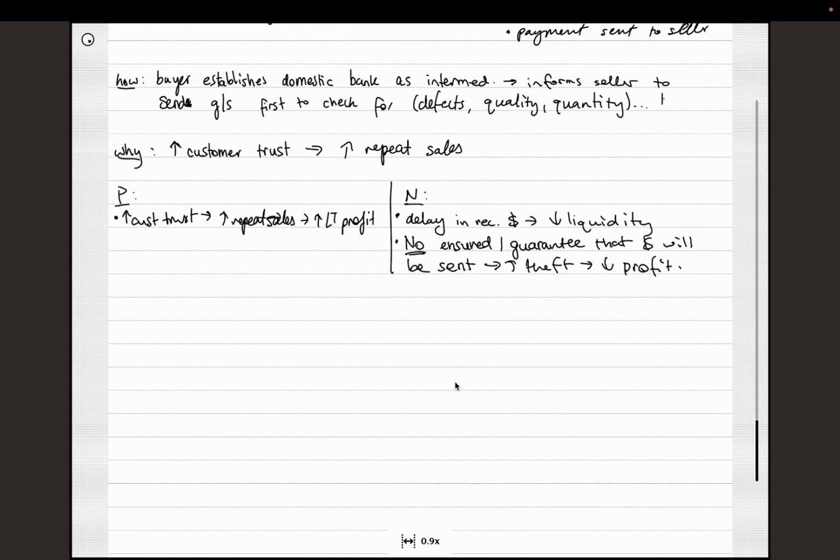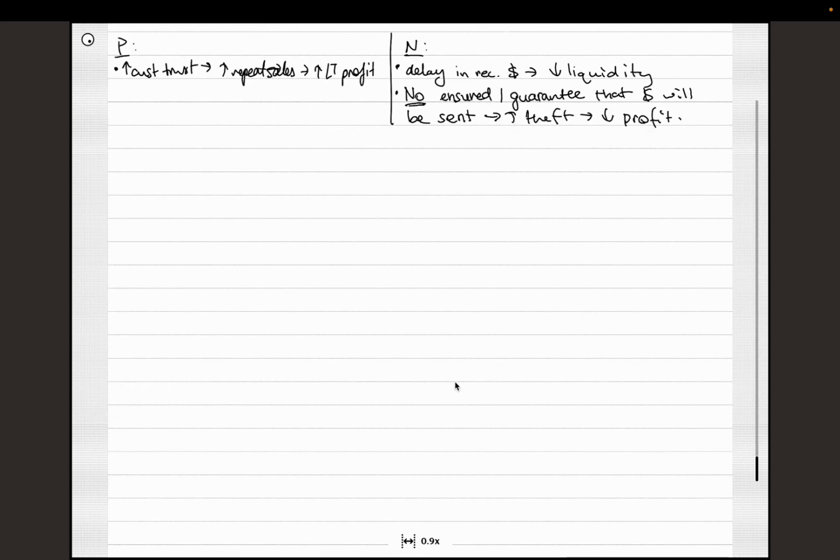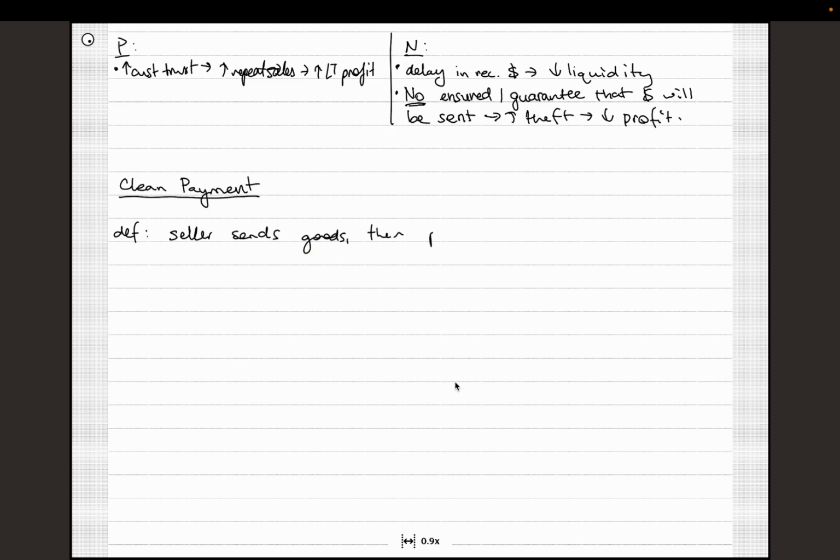Okay. And finally, clean payment. This one's nice and simple. So we don't need to worry about banks anymore. So the last two involved banks, right? Using banks as intermediaries, using banks as guarantors. This one, very simply, is just seller sends goods, then payment is sent.